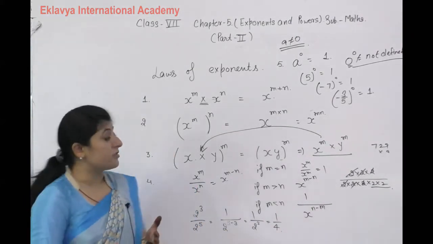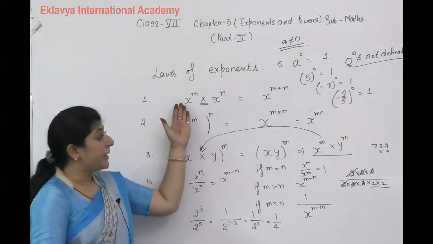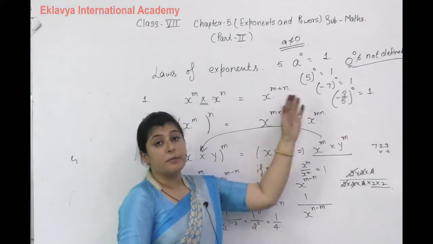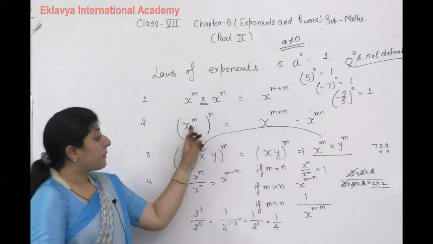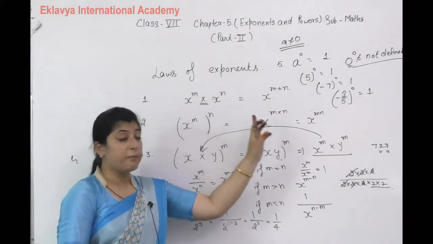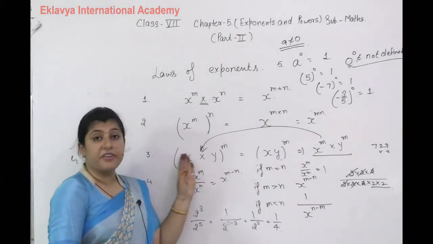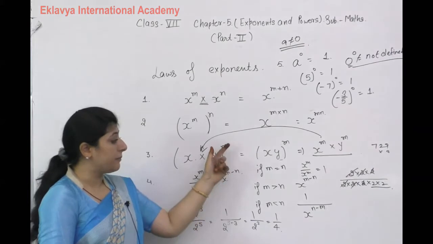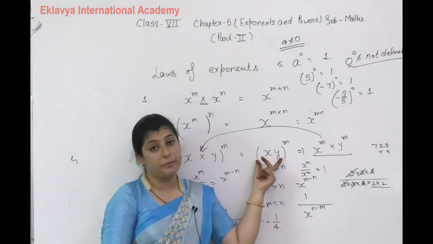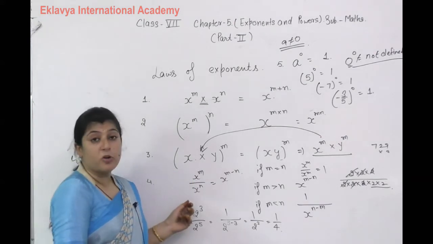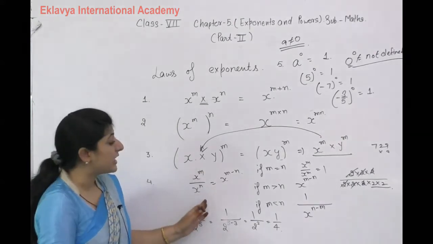First law of exponent: when the base is the same but the power is different, then the powers will be added. Power to power, then the powers will be multiplied. Bases are different but the power is the same, it means we can multiply the bases with the same power. Quotient we want to find, then it depends on the condition.